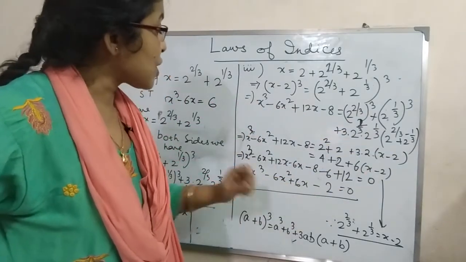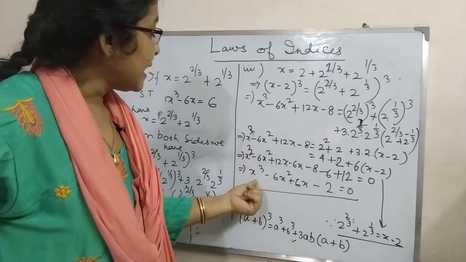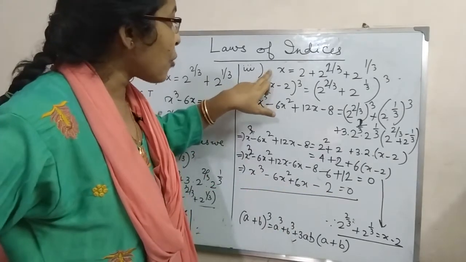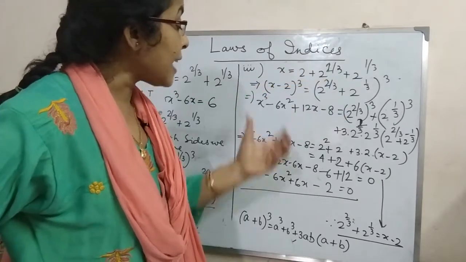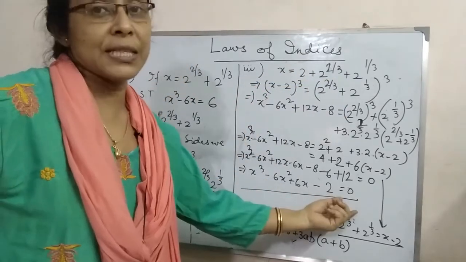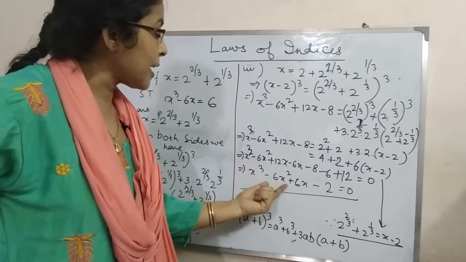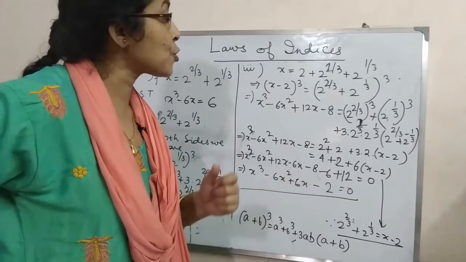After calculation I will get x cube minus 6x square plus 6x minus 2. Here the given problem is x equal to this and I have to prove this equal to this. In this way I can prove it: x cube minus 6x square plus 6x minus 2.